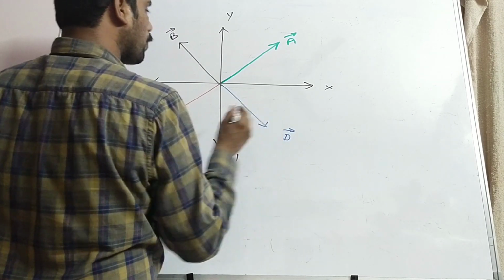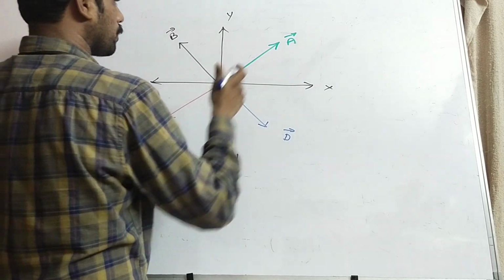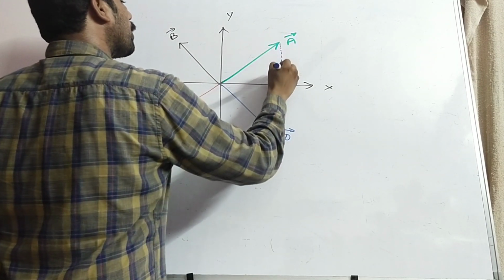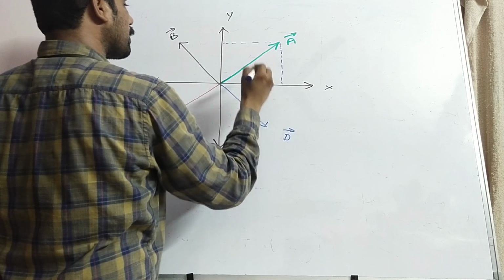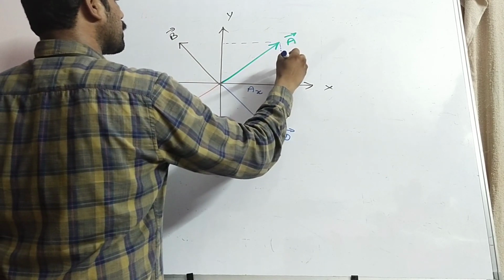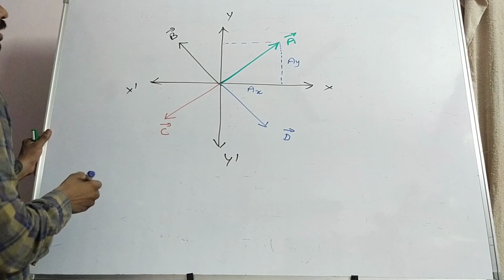Now, what about the vector a bar that occupies certain space along x-axis ax, along y-axis ay.